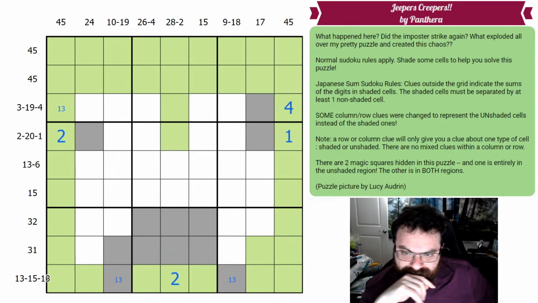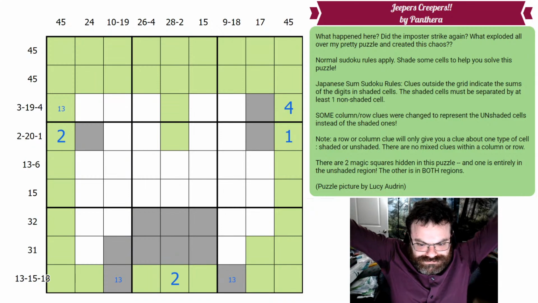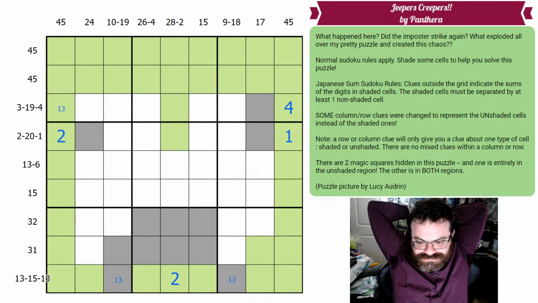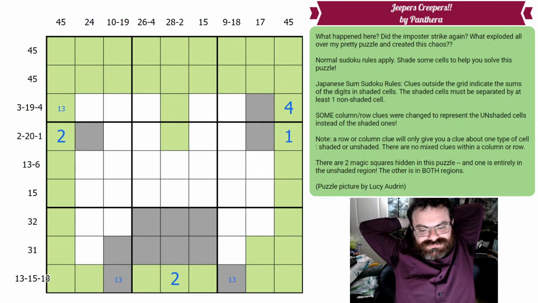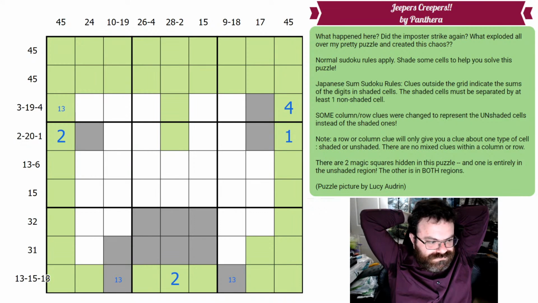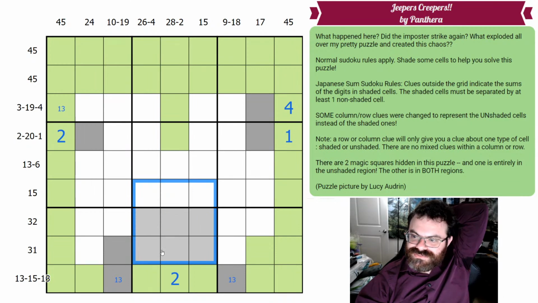What does that mean? Oh yeah, true. Starting to think this is the shaded magic square.